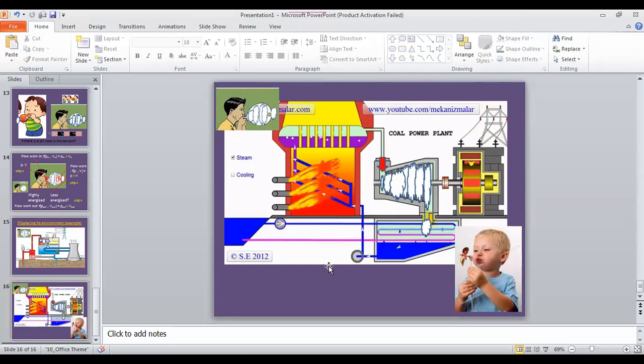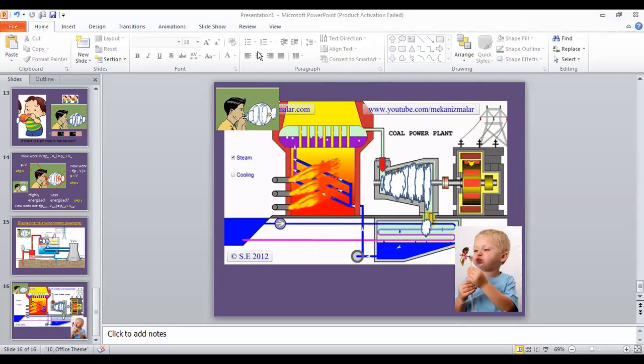So now you can imagine. It's very interesting, and even for this case, see the turbine effect here, the little boy blowing over the fan. It's the same, but the only thing is the turbine has a casing for effective flow of this working fluid.